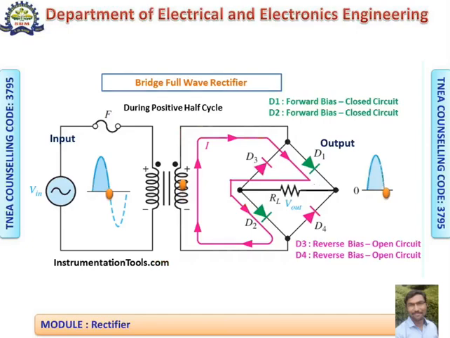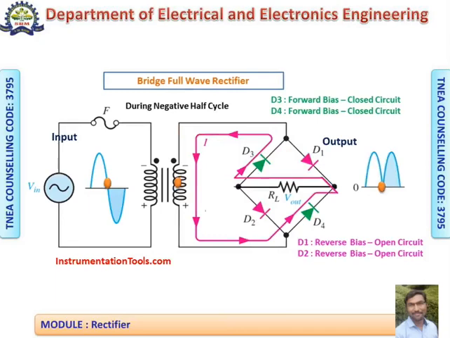During the negative half cycle, diodes D1 and D2 will remain in reverse bias condition and diodes D3 and D4 will remain in forward bias condition.